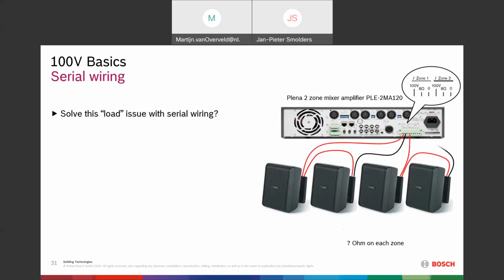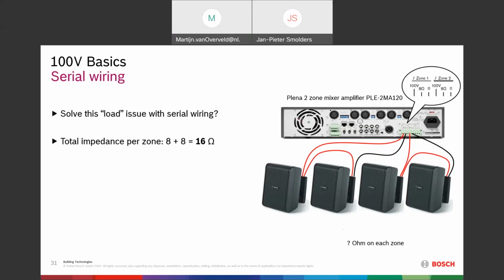Now what happens if you wire them in series, not in parallel? It's pretty easy. You can just add all the impedances together. So if this is an 8 ohm speaker, then you will add the impedance for each amplifier output. We have connected 2 of these loudspeakers, so that means in total 16 ohm.